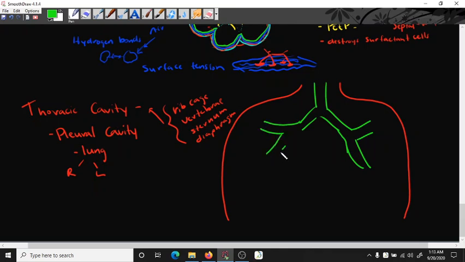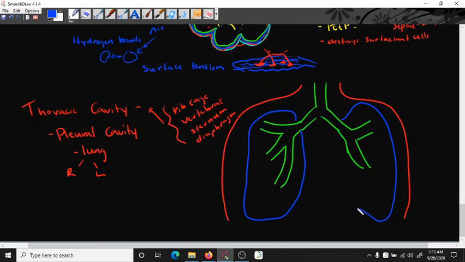It's got 3 lobes. Then those are going to branch all those different times, right? And then you have your lung. Your left lung has got that little notch in it, the cardiac notch.